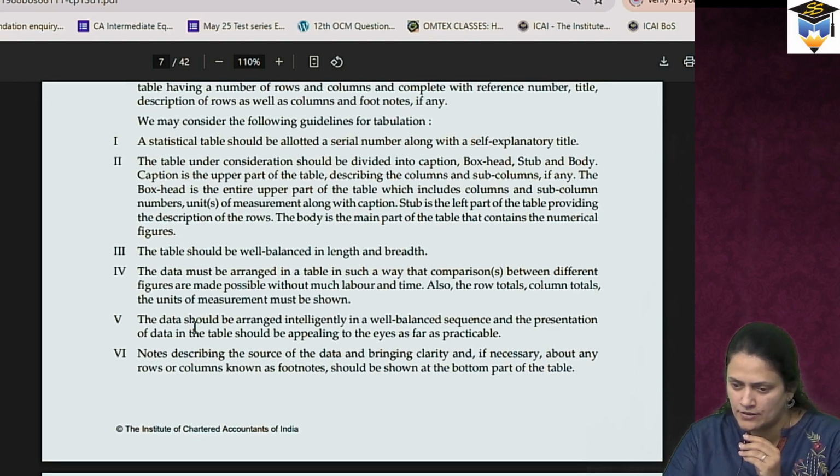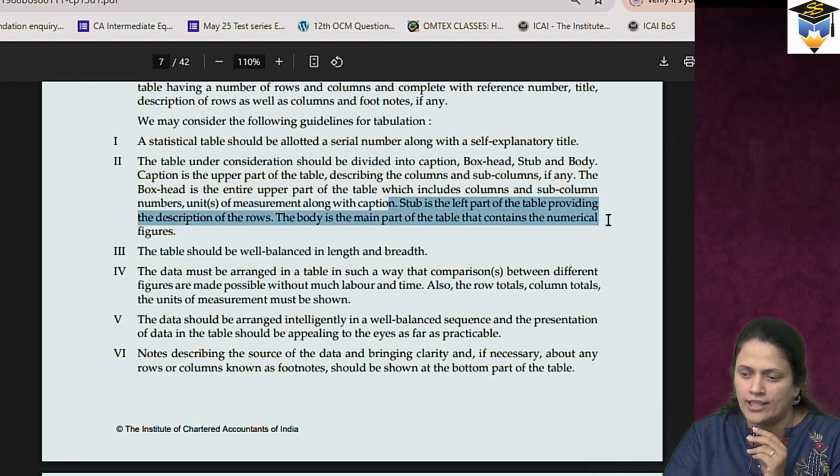The table under consideration should be divided into caption, that is box head, stub and body. So stub is the left part of the table providing description of rows.